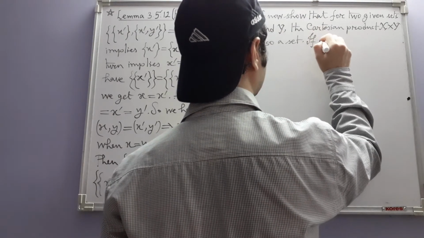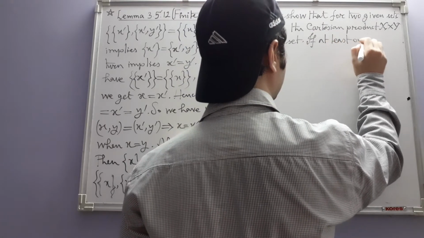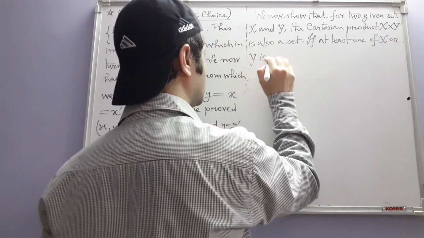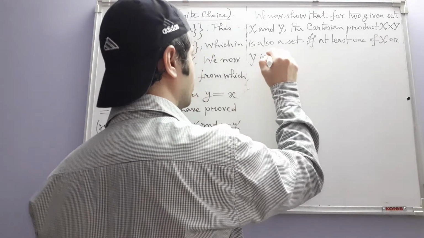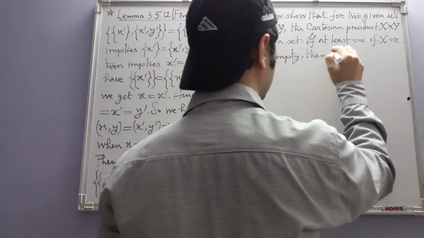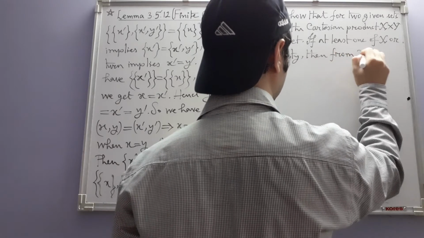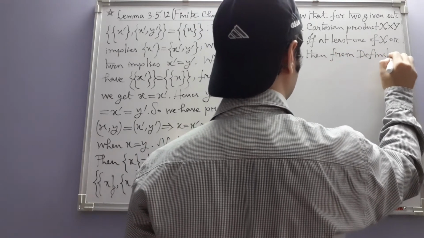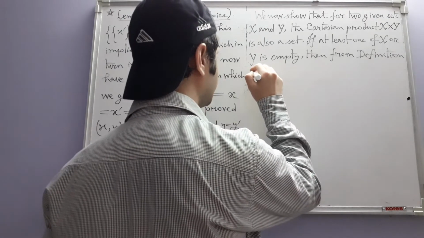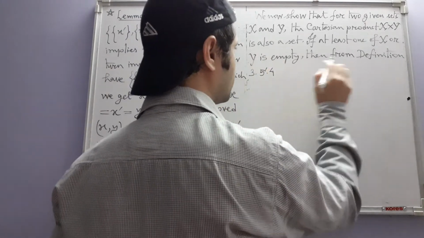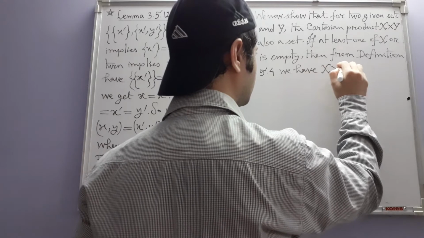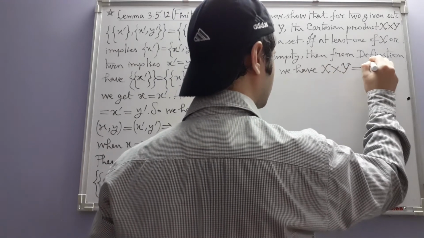If at least one of x or y is empty, then from our definition of Cartesian product that we have in this section, that is definition 3.5.4, this is empty.